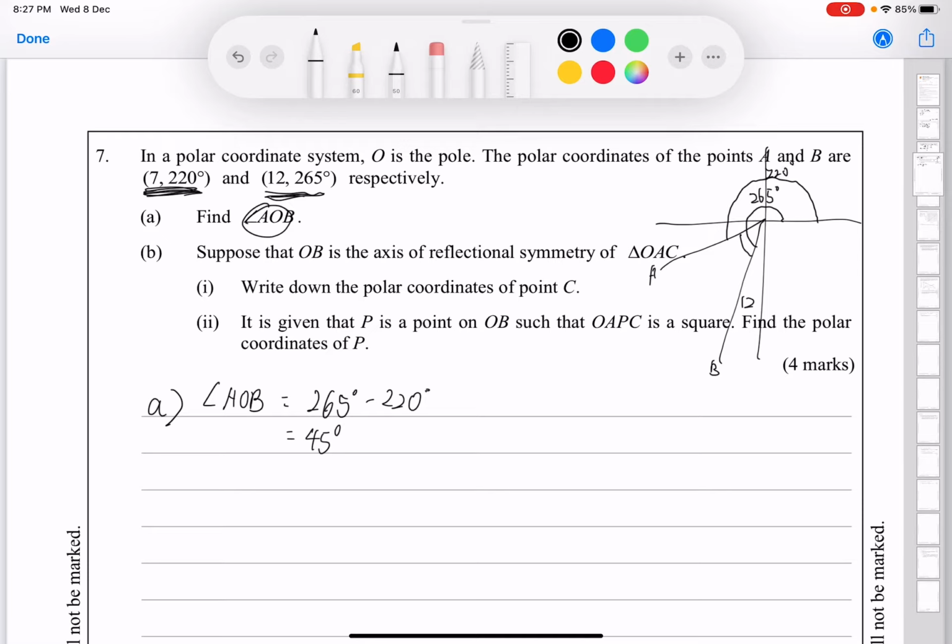So the difference is this. The difference would be 45.